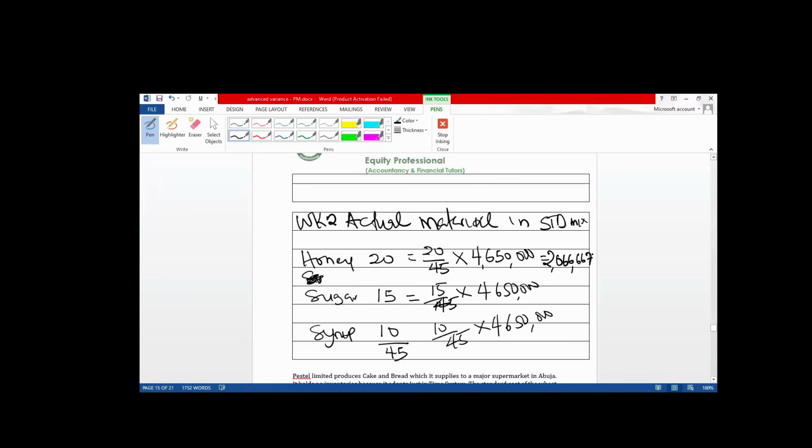This is 15. Here you are going to have a round-off figure, 1,550,000. Last one, here you are going to have 1,033,333. That is actual material in standard needs.